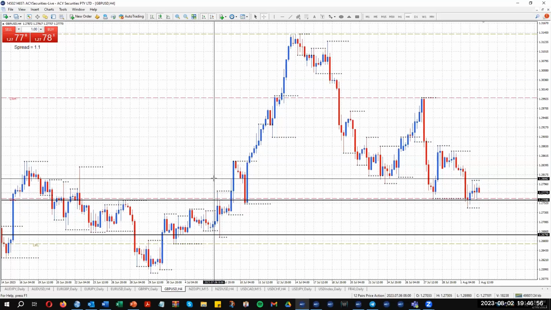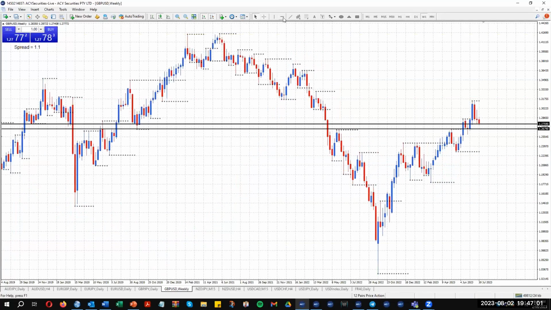At the time when I was discussing this potentially moving up last month, I was looking at the target of a move up to this level at 130 because there was an imbalance in here that needed to potentially get filled. At the time, we filled it to about there because there was a high there.